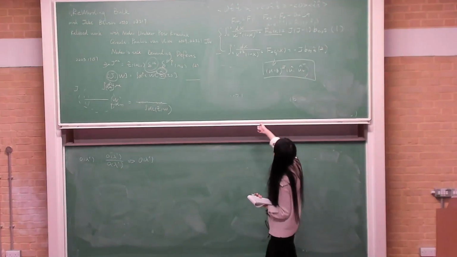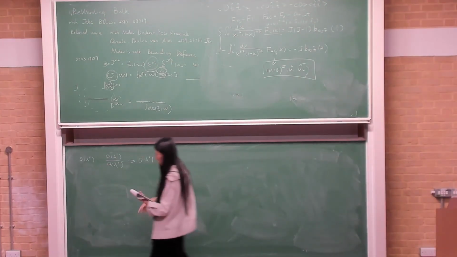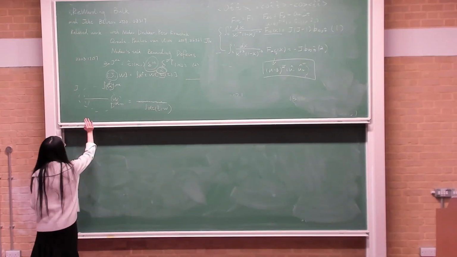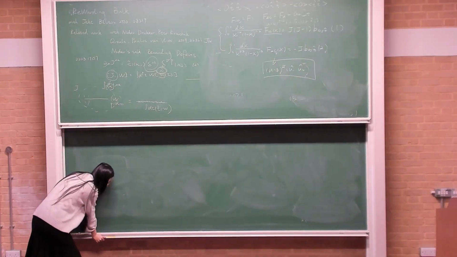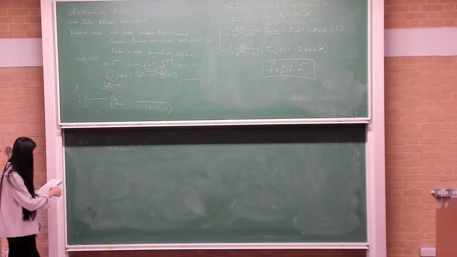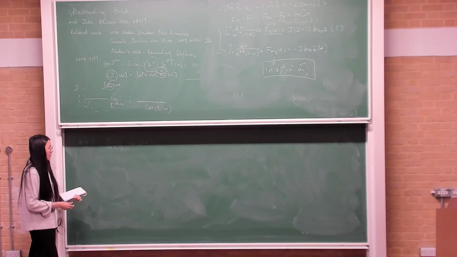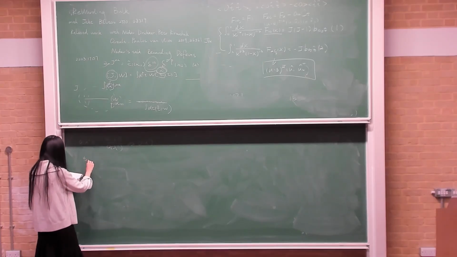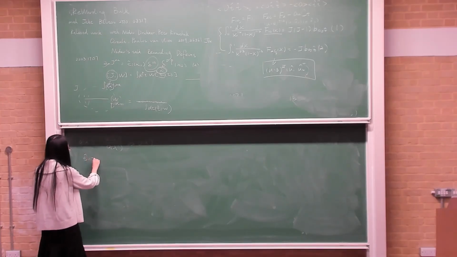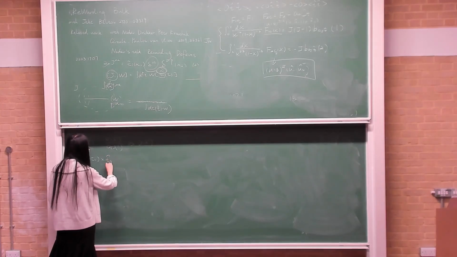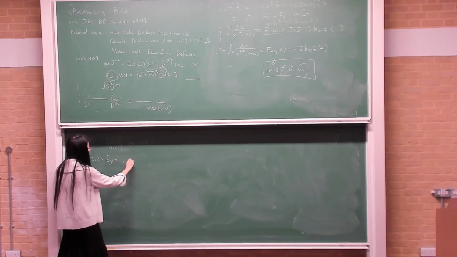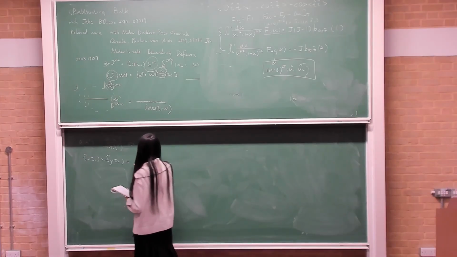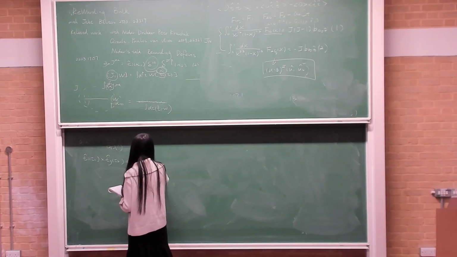So for F2, I have this U1 hat times U2 hat, which implies that I need to look at the OPE of these two tilt operators because they contract with each other. And in the OPE of the two tilts, the first operator appearing here is of course 1, and let me write it explicitly.